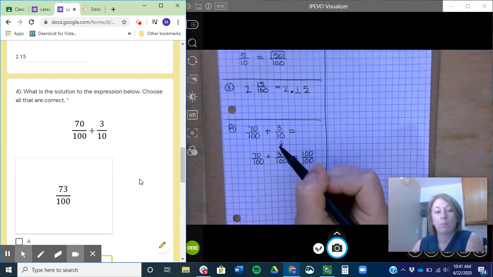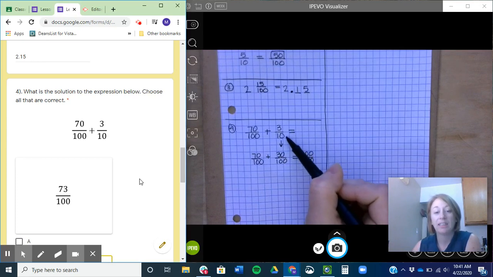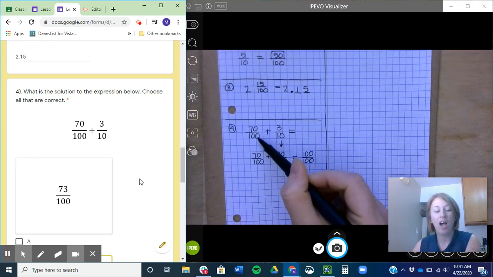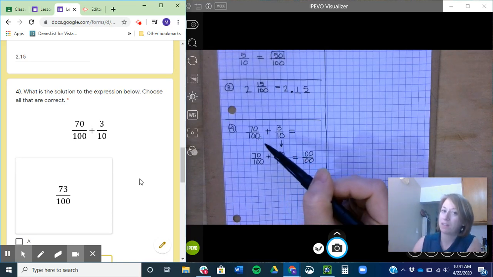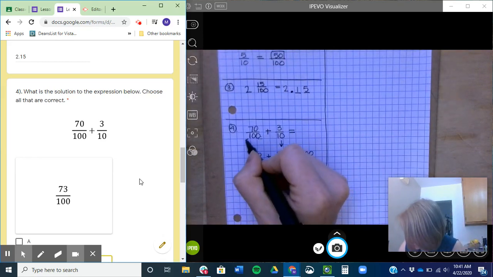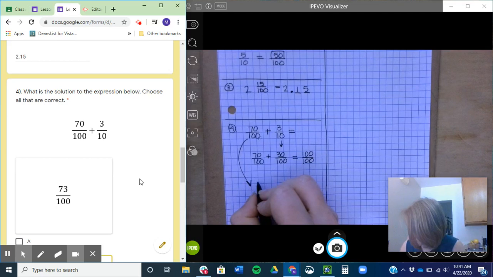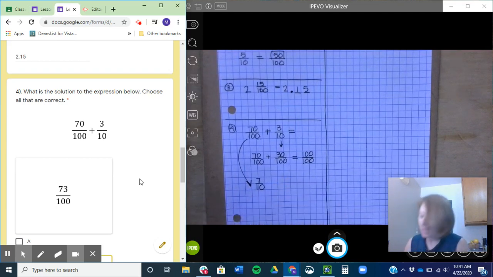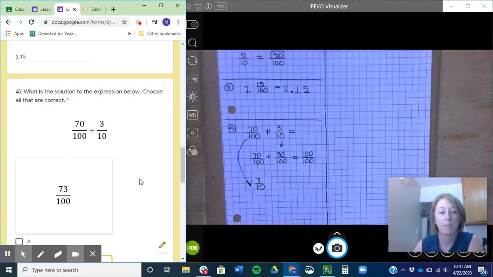In the first example, we changed the tenths to hundredths. Could we change the hundredths to tenths? Awesome. 70 100ths is the same as 7 tenths.